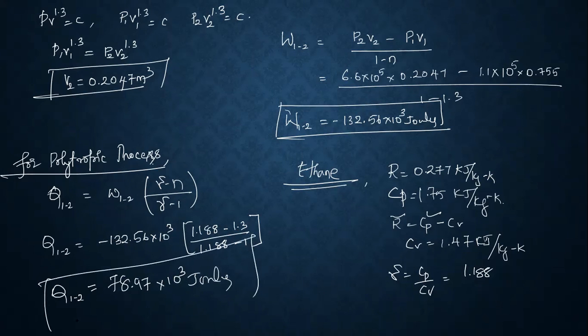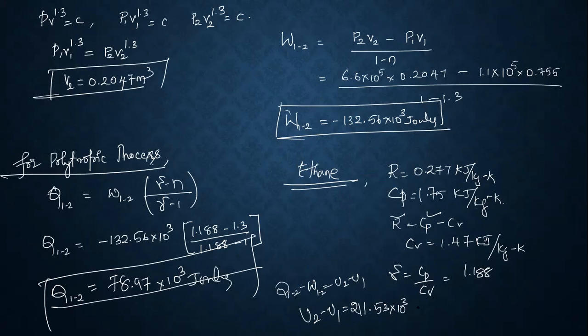Therefore, W and Q you get, and now applying the first law of thermodynamics, Q1 to 2 minus W1 to 2 is equal to U2 minus U1. Therefore, U2 minus U1, the change in internal energy, is 211.53 into 10 to the power of 3 joules. This is U2 minus U1.